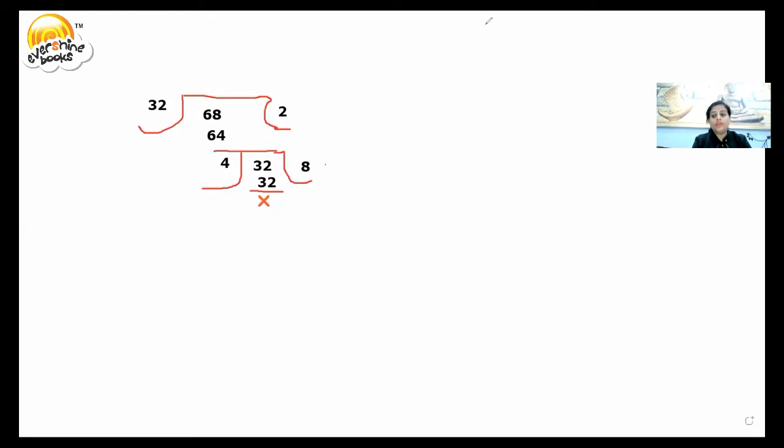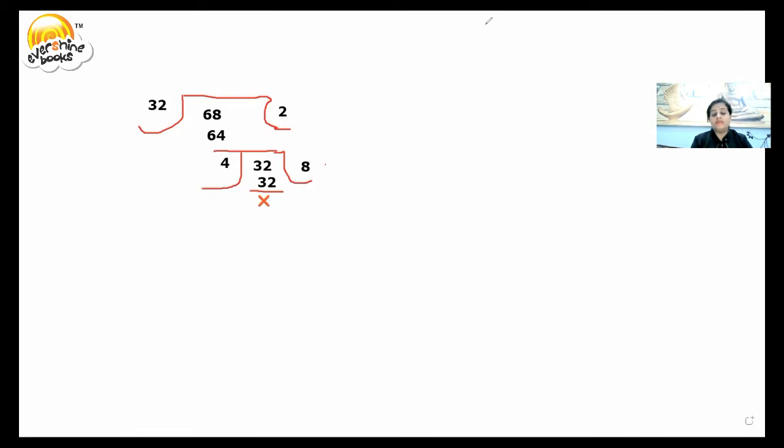Likewise, you have to do the division. So in the division method we will divide with 32. 32 will be the divisor and the big number will be the dividend. And then we will divide it. 32 2s are 64. 68 minus 64 is 4.